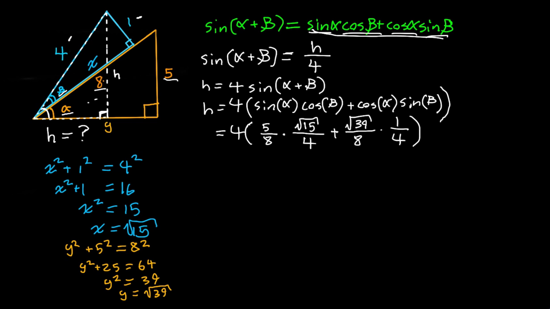Okay, now we can simplify this further. Let's combine some of these terms. We have 4 times 5 square root of 15 divided by 32 plus the square root of 39 divided by 32. I'm just going to pull those 32s out of there.